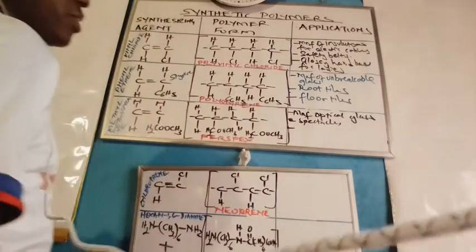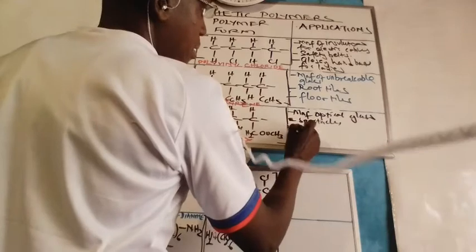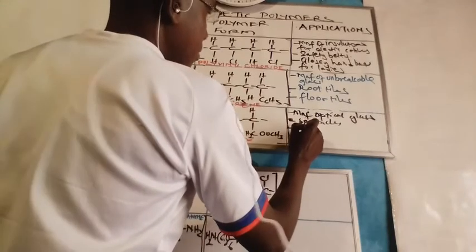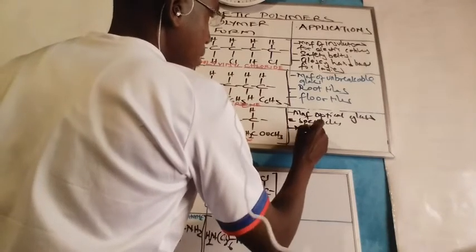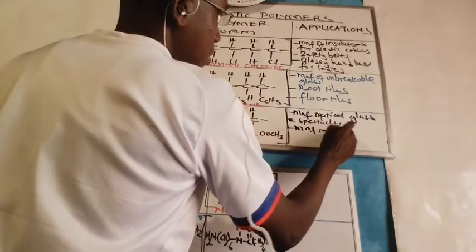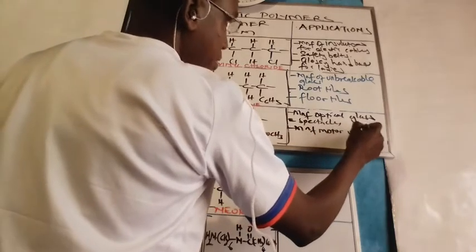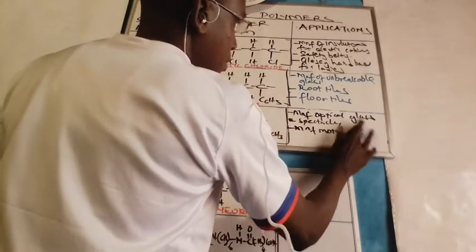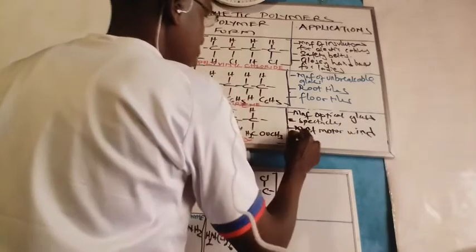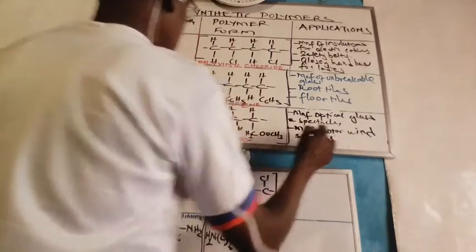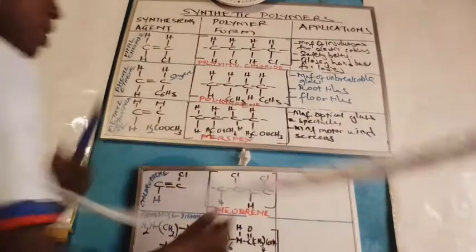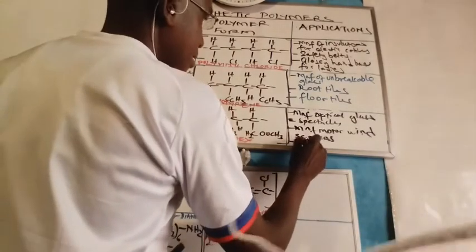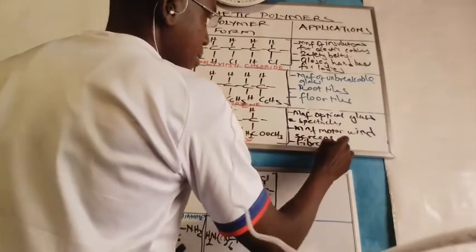We also use it to manufacture motor windscreens, or windscreens of motor vehicle. And you find that we can also use it to manufacture fiberglass, which is used to manufacture hockey sticks.